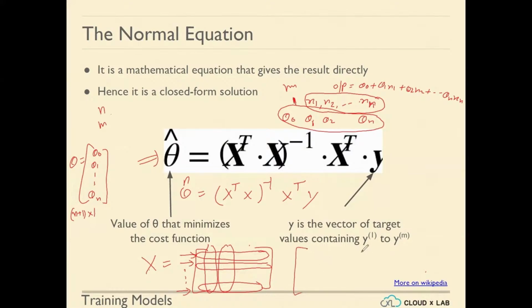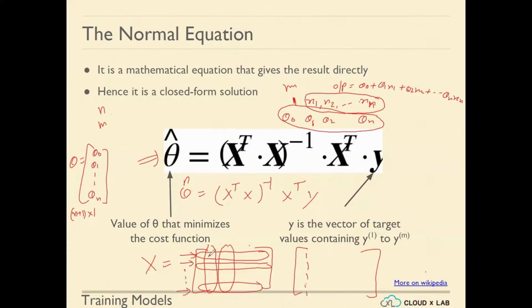So that extra column is nothing but a vector of all ones, right? Because each row is my input. The first row means the first input, the second row the second input, right? So in each input I will add the value 1.